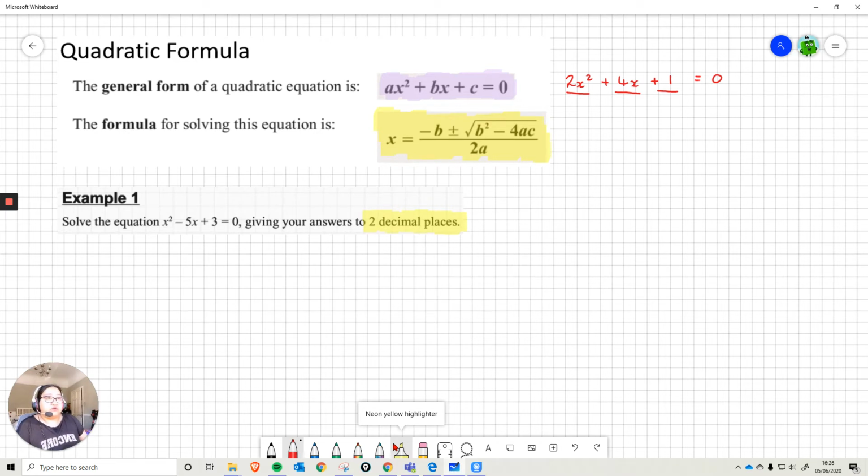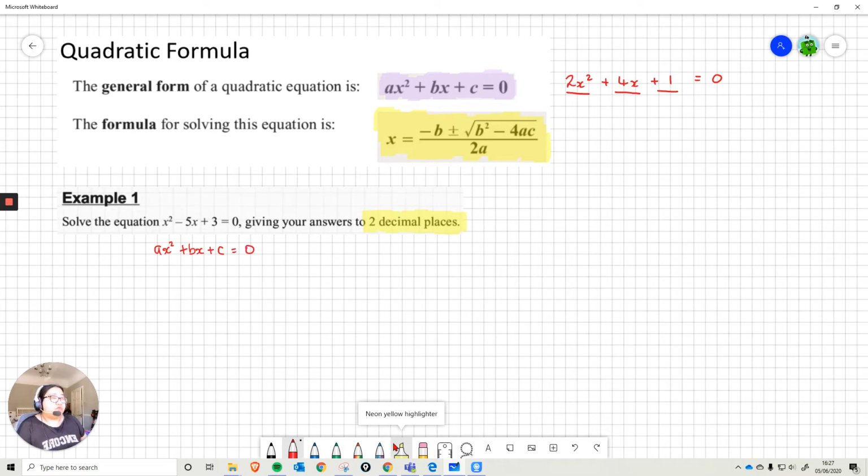So let's have a look at the equation itself. You can see we've got x squared, and that's our first term, which matches with our ax squared. We've got then minus 5x, which matches with our bx, and then we've got 3, which matches with our c, equal to 0.